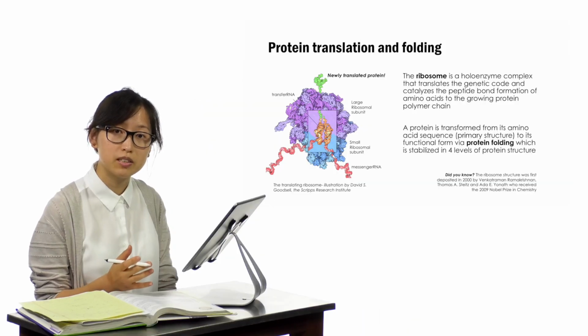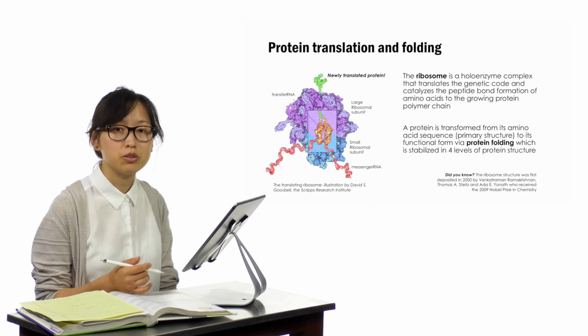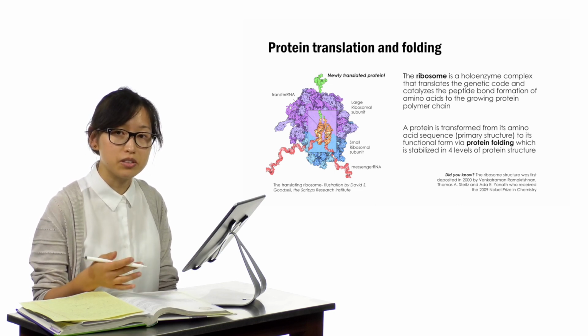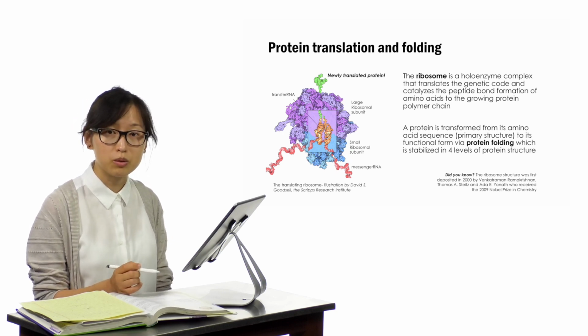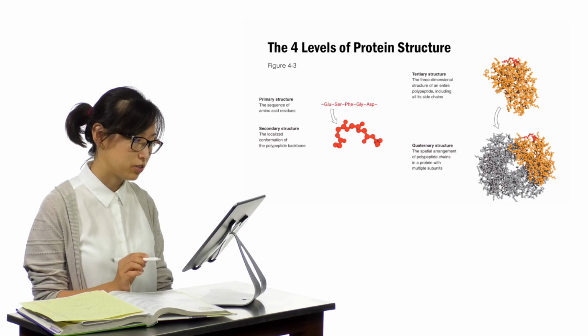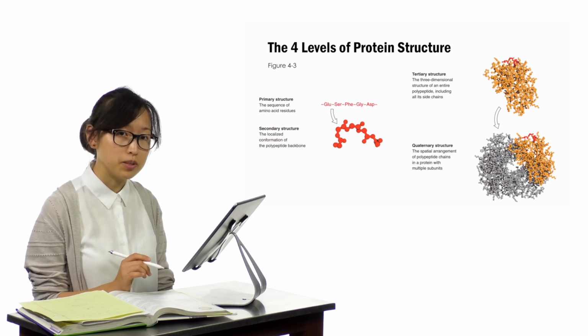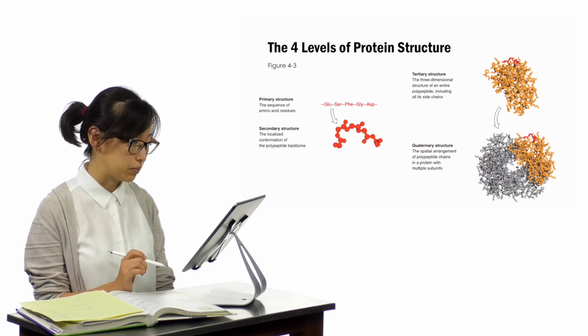The ribosome is the holoenzyme complex that is translating your genetic code into proteins. Once the protein is translated, there is protein folding that is happening to create the next levels of protein structure, of which there are 4. So let's talk about protein structure levels. The 4 levels of protein structure are outlined in figure 4.3. First, we have primary structure, which is just the sequence of amino acid residues, as you see in the example.